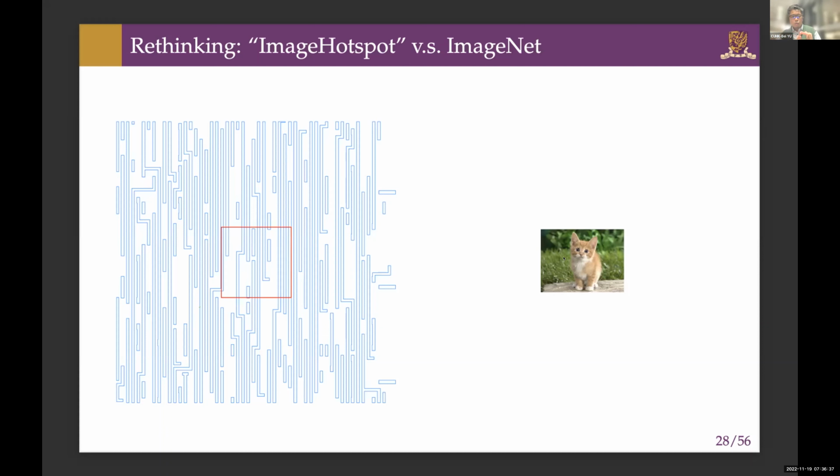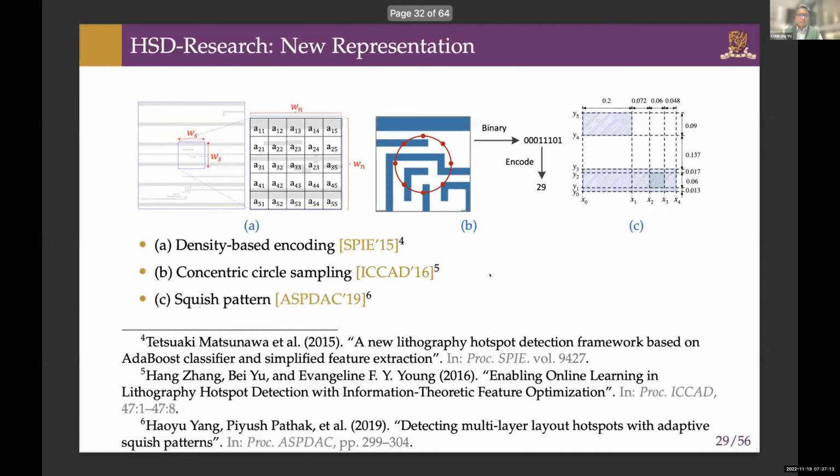So we have to think about what kind of features or what kind of neural network architecture we have to design to understand the layout better. That's a very big problem. People have tried for many years to design different methodologies to help us understand the layout better.